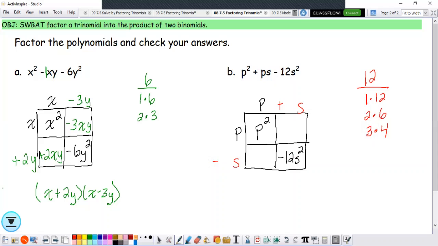Our middle term is just a positive ps. Well, keep in mind that's a positive 1ps. And if I look at my factor pairs, if I do 4 subtract 3, I can get a positive 1. So that's a positive 4 and a minus 3. So 4s times p is a positive 4ps.